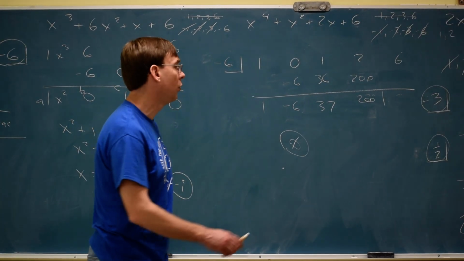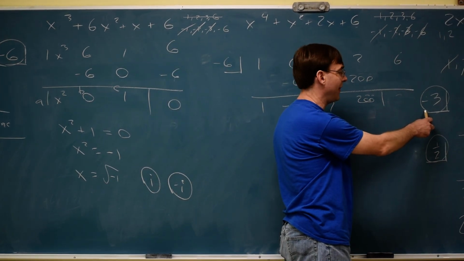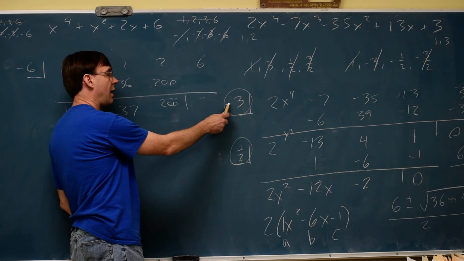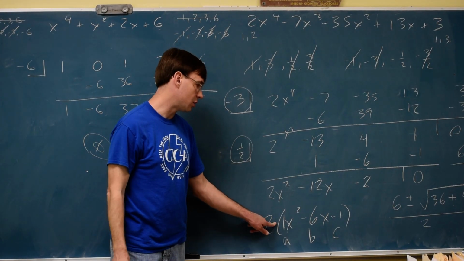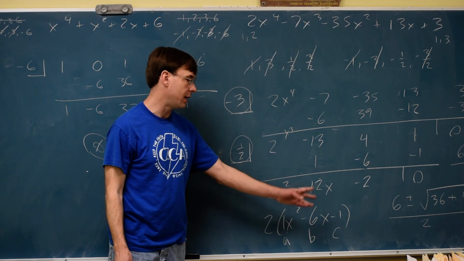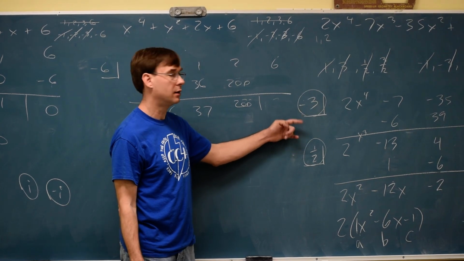So if I retooled this to say find only the rational roots, we would have found this and we would have found this. As soon as we realized the quadratic formula needed to happen, we'd have just had those 2 answers and quit.